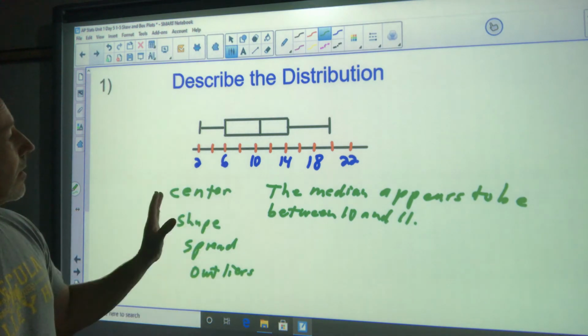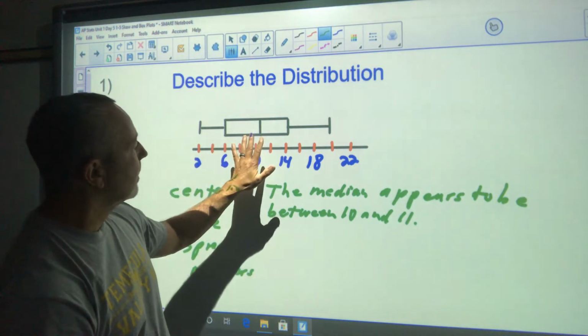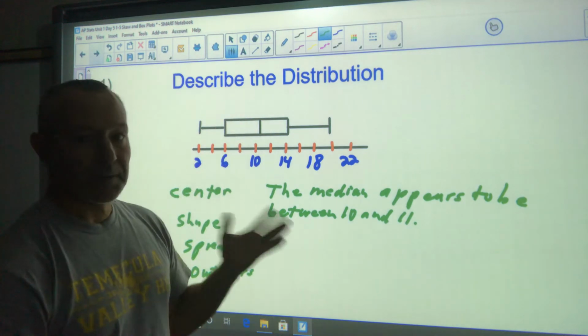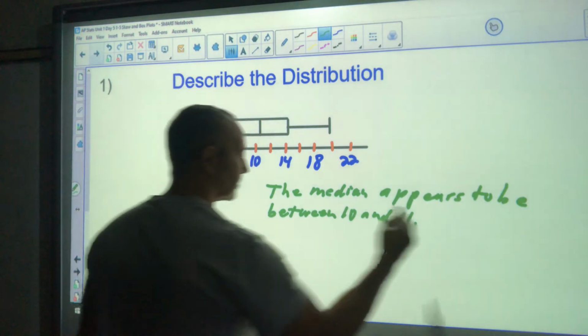Shape. Again, we talked about that a minute ago. I'm going to say overall it's fairly symmetric. There's not anything too wild going on.